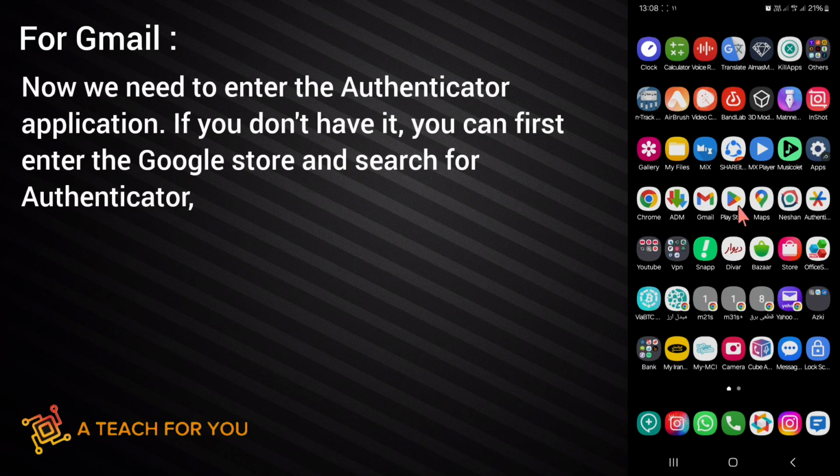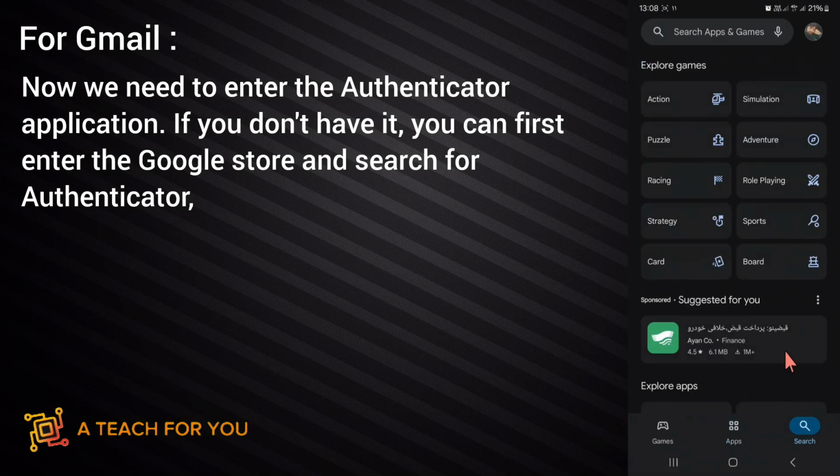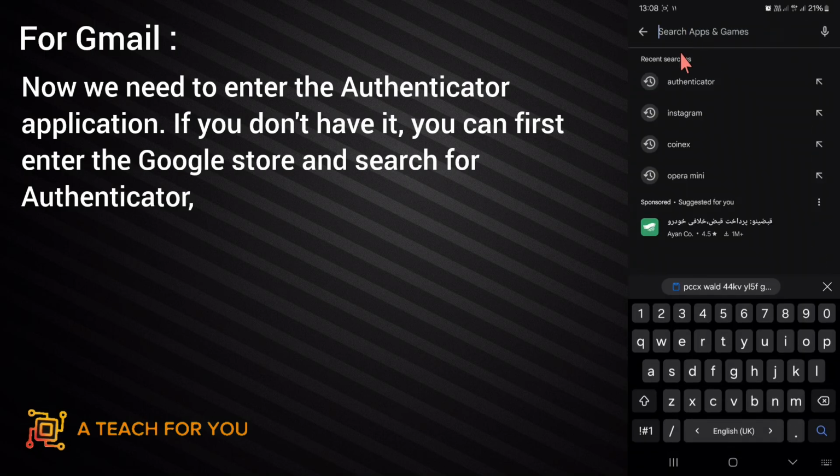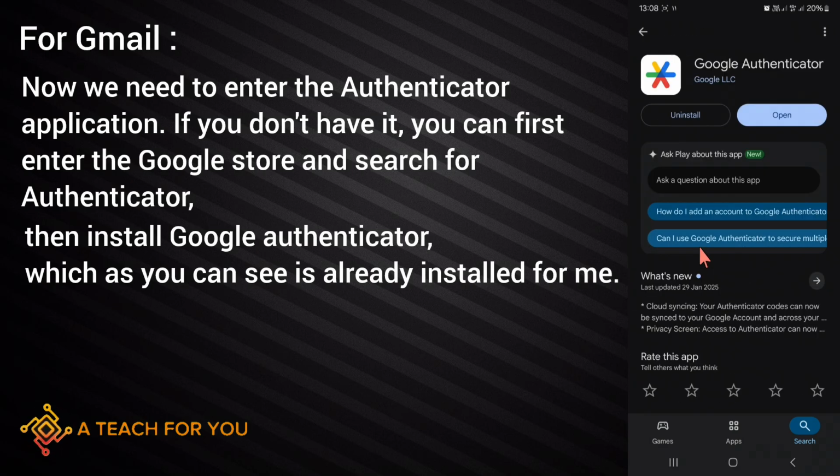If you don't have it, you can first enter the Google Store and search for Authenticator. Then install Google Authenticator, which as you can see is already installed for me.